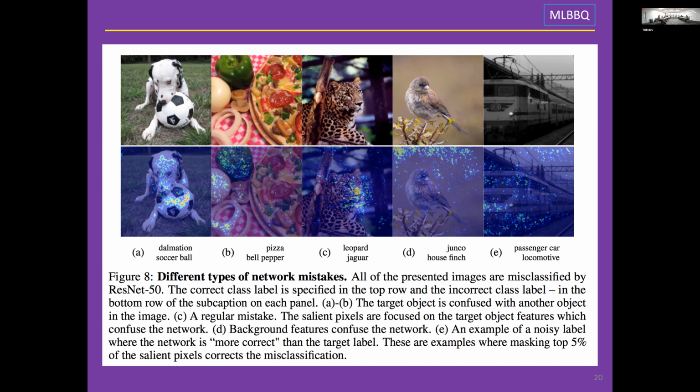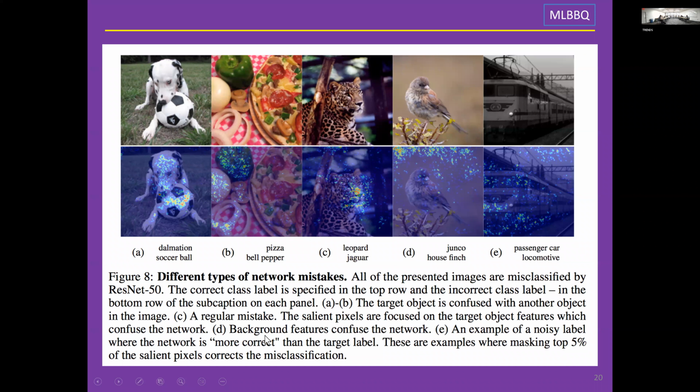And for the third one, the correct class is leopard, but the predicted label is jaguar. So they have semantic similarity, right? The salient pixels are focused on the target object features, which confuse the network.